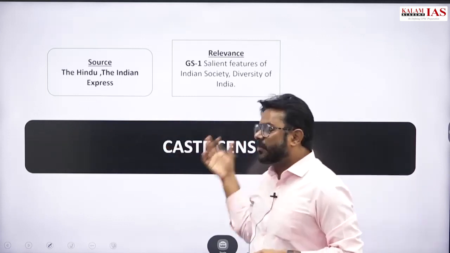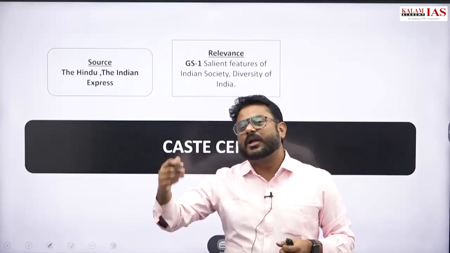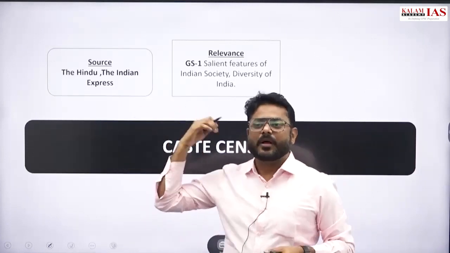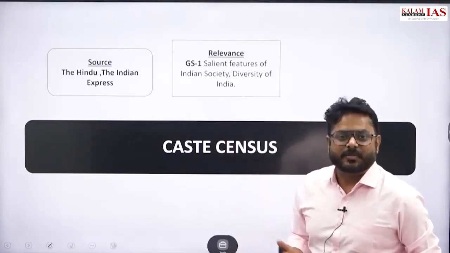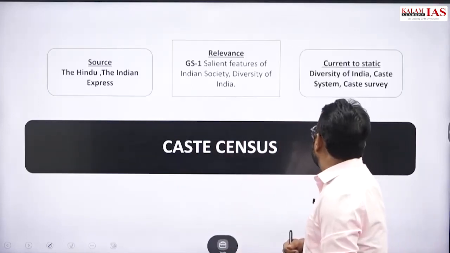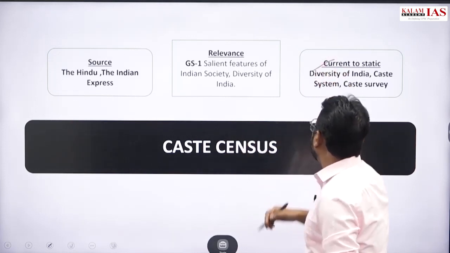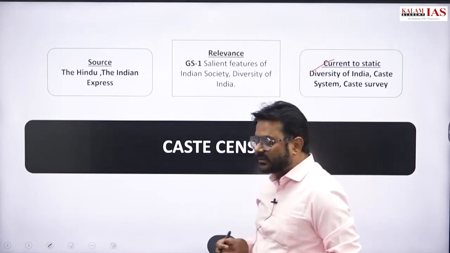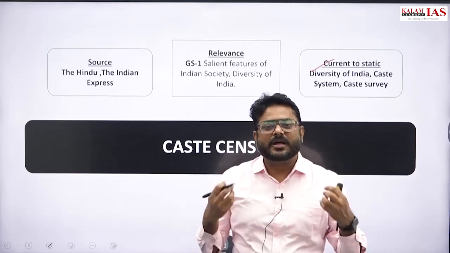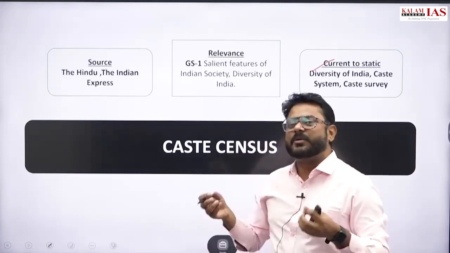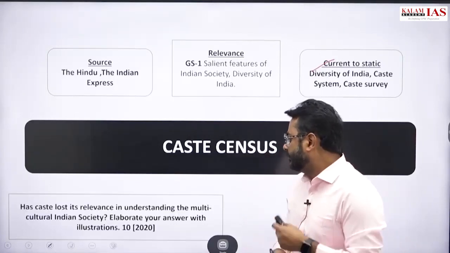Plus, on the basis of a caste census, welfare schemes can be launched, so you can also connect with GS paper 2, welfare schemes for the vulnerable sections in the governance part. Then it has relevance of both current and static: diversity of India, caste system, caste survey. All these things are very much relevant for the Indian system because caste is very much prevalent in our society and it is continuing.